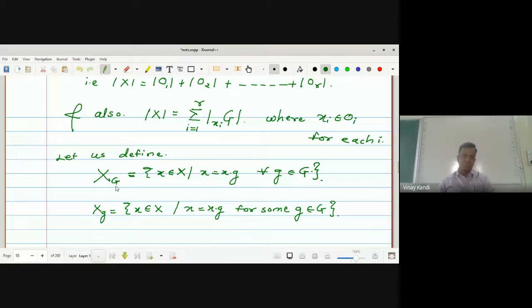Because here the suffix is capital G. For small g, it is a fixed g belonging to capital G. Now here instead of small g, capital G has come, so this condition is satisfied for the whole of G. So X belongs to capital X such that x is equal to xg for all g belongs to capital G. Any doubt?